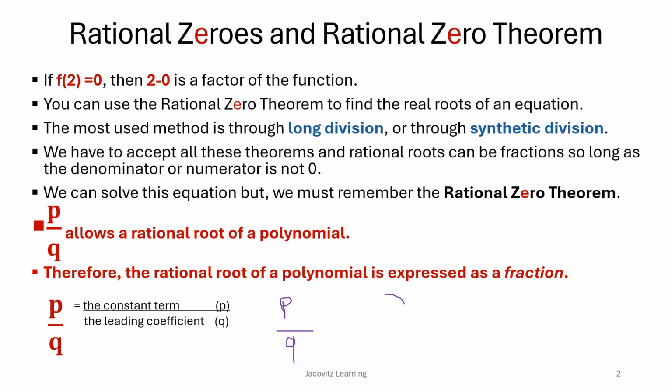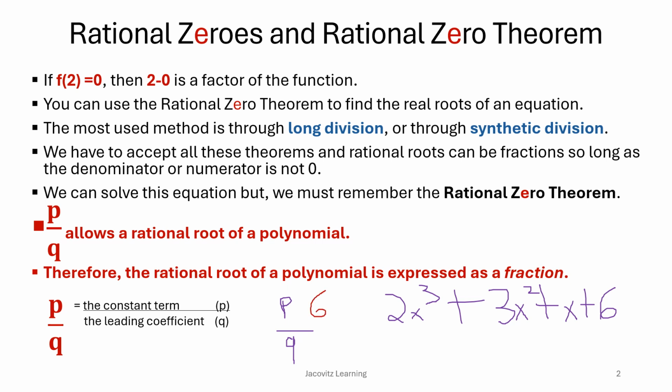So if you had 2x to the third power plus 3x to the second plus x plus 6, your p is going to go over here.